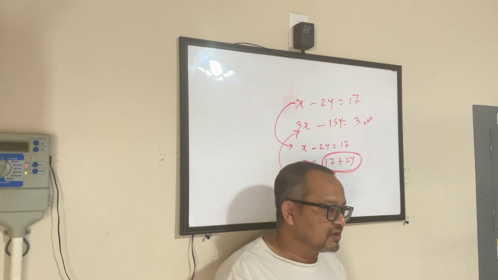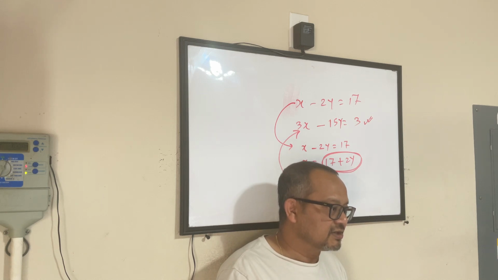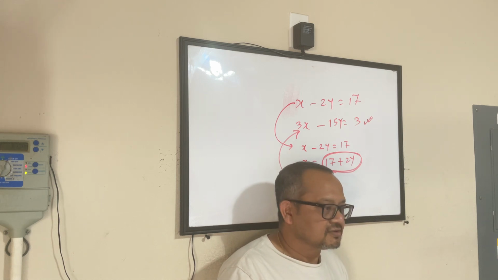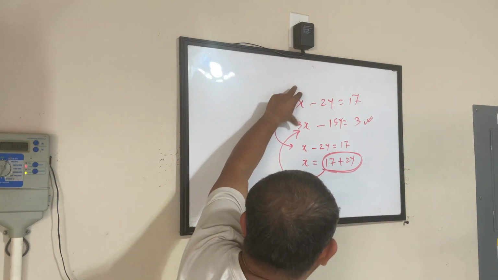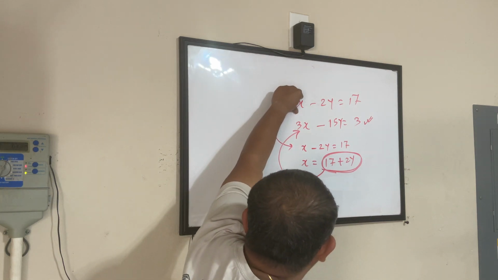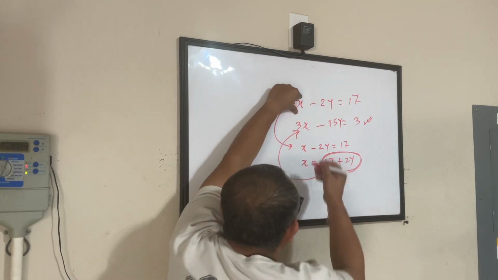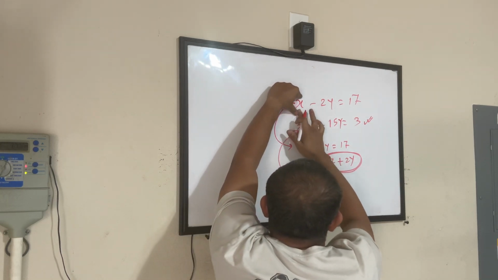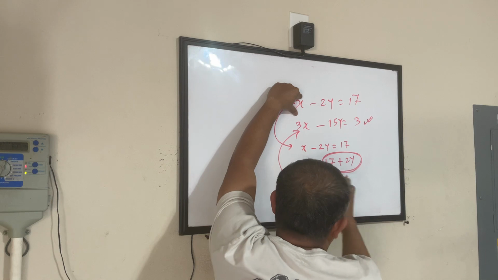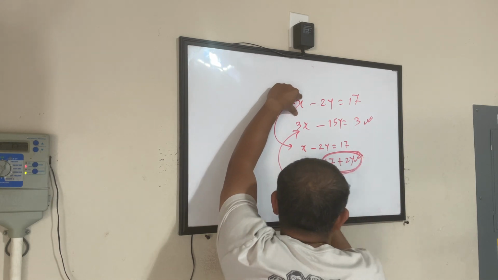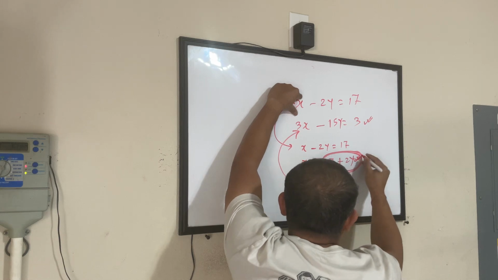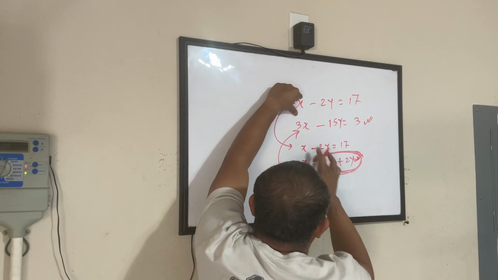Does it? Okay. Alright. So, I have two equations. I took the first equation, and from that equation I picked up one variable and got its value in terms of the second variable. I got the value of x in terms of y. And I took this value and put it here.